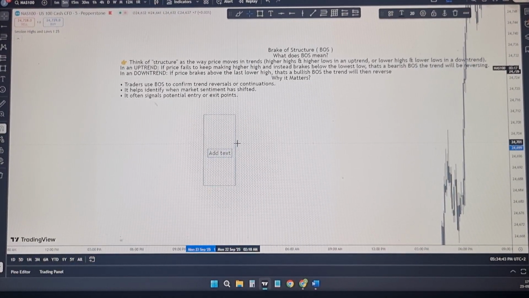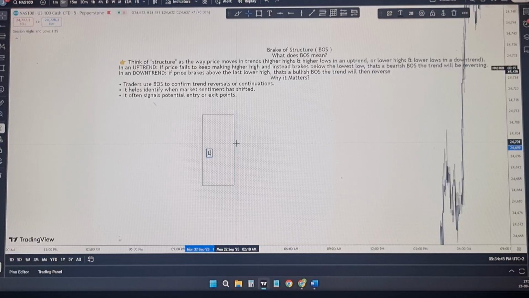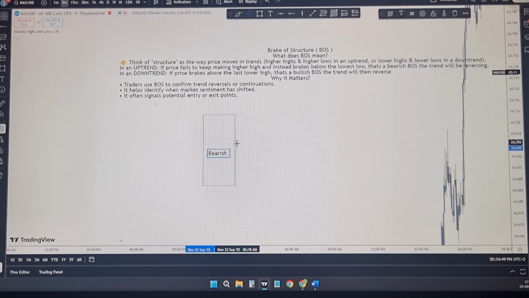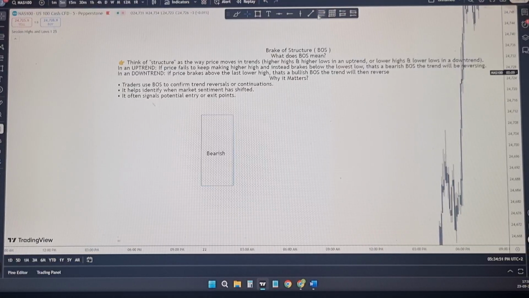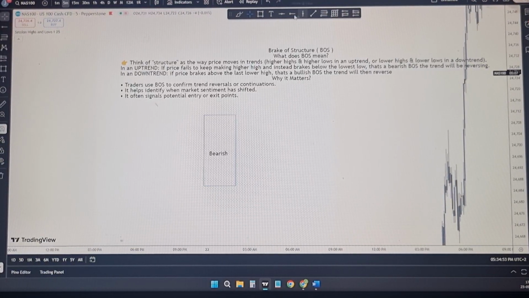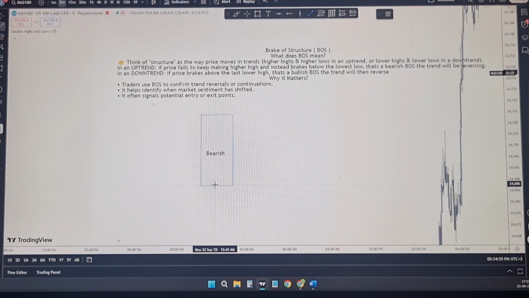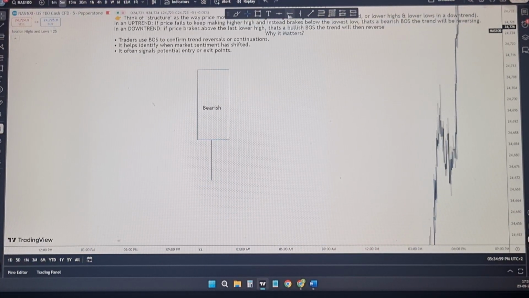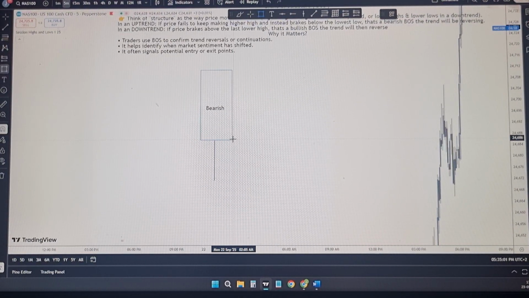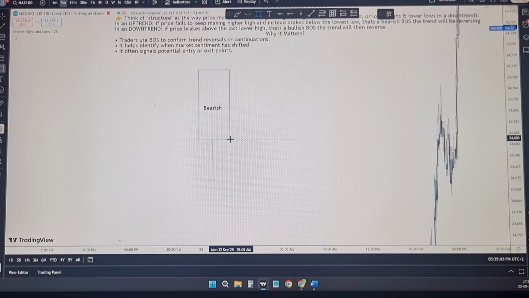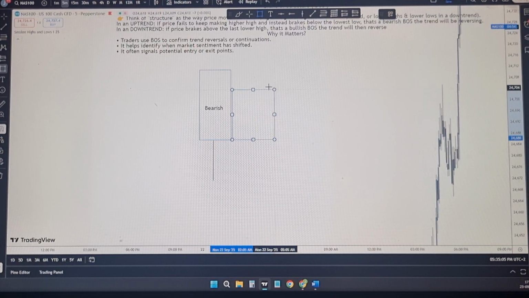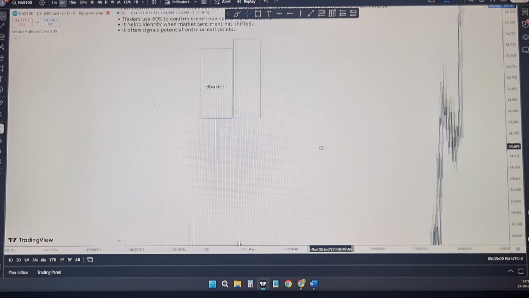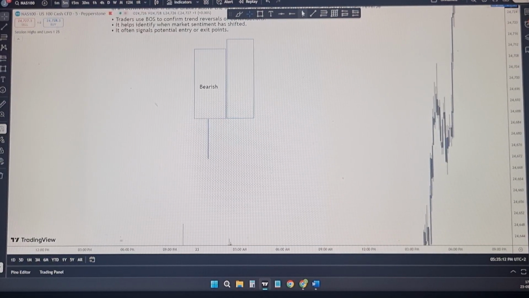So this is a bearish candle with its wick, and this is a bullish candle with its wick.